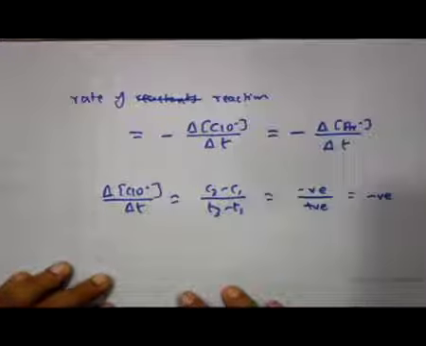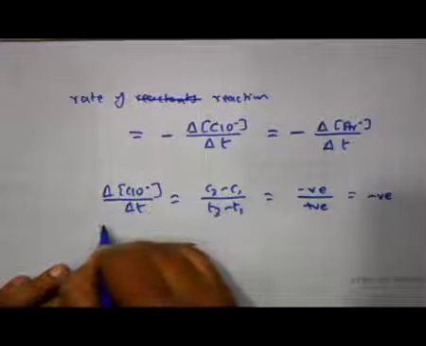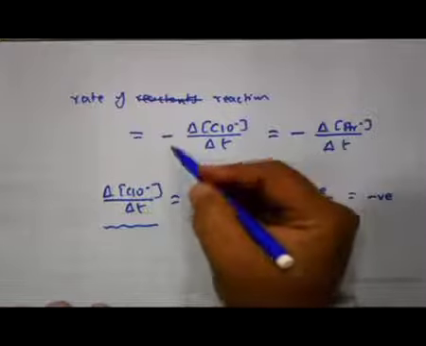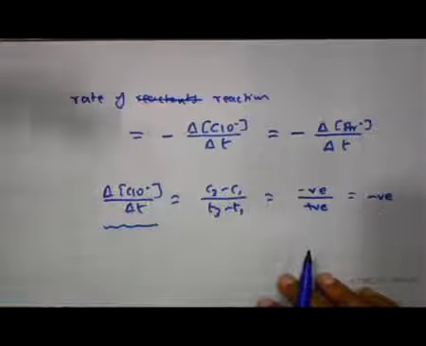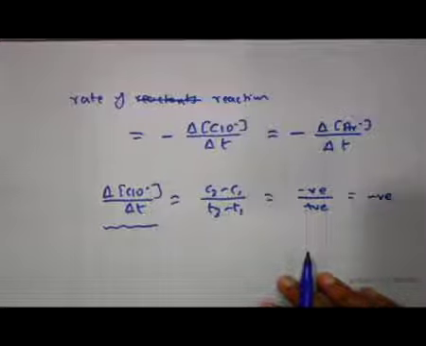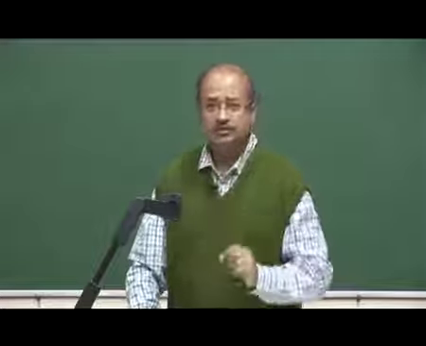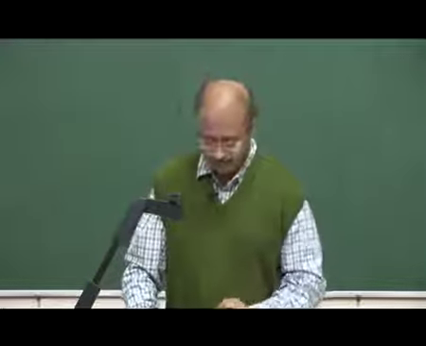But the rate cannot be negative. So, you have a negative sign out here, this negative and this negative cancel out, and finally you have a positive value for the rate of the reaction. Now, this is extremely important that you understand. For any reactant, this is always maintained.